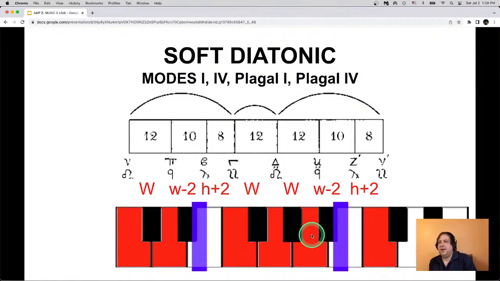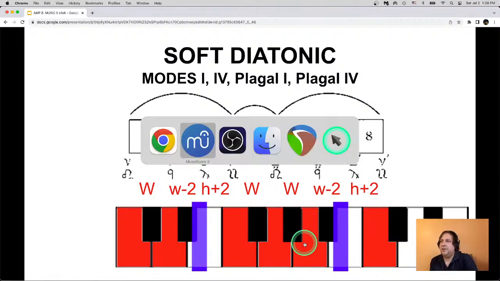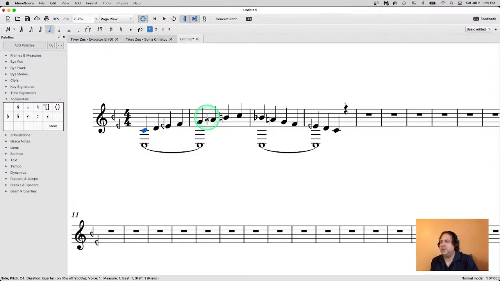It's kind of natural going up, and then when you're coming down, see how it goes higher when you're ascending. I'll actually highlight that with this. So see how this is sharp, this is natural instead of a flat, so it is sharp. And then going down, flat, natural. This natural is lower than that half sharp. See that?